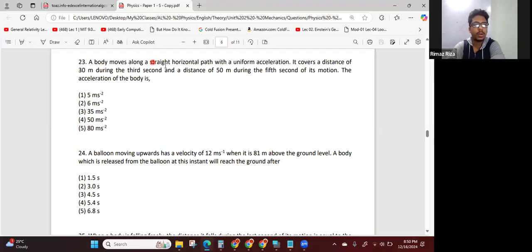A body moves along a straight horizontal path with a uniform acceleration. It covers a distance of 30 meters during the 3rd second and a distance of 50 meters during the 5th second of its motion.